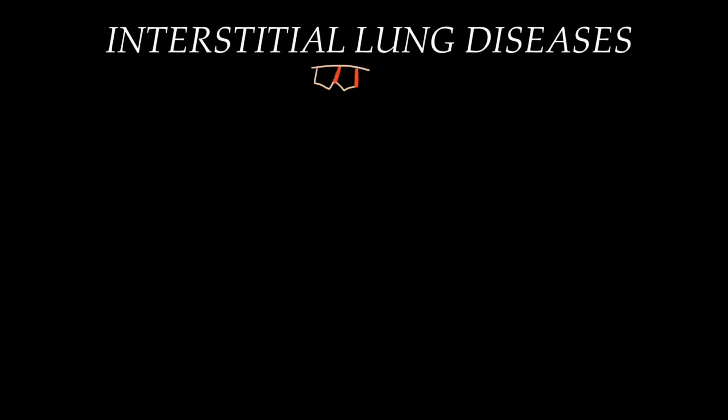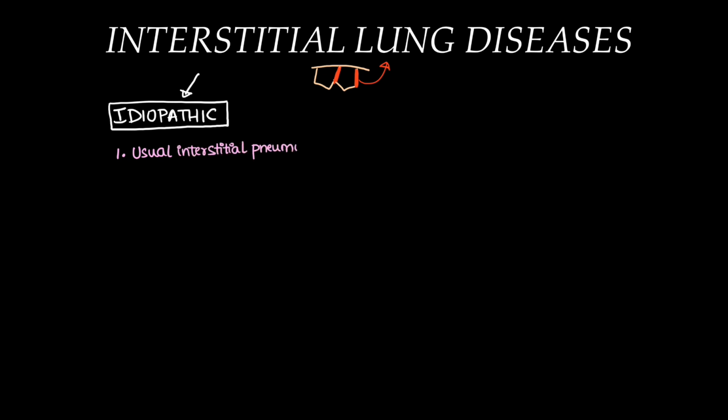Now let's classify the interstitial lung diseases. First are the idiopathic interstitial lung diseases. First is the usual interstitial pneumonia, also known as UIP. Next is the non-specific interstitial pneumonia, called NSIP.